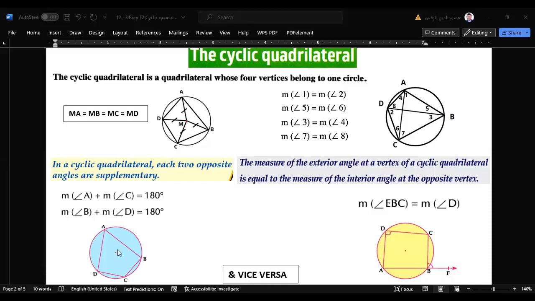Here, the opposite angles are supplementary, their sum is 180, and also the exterior angle at a vertex equals the interior opposite to this vertex, and vice versa. What's the meaning of vice versa? If we want to prove a quad is cyclic, we prove one of these properties.